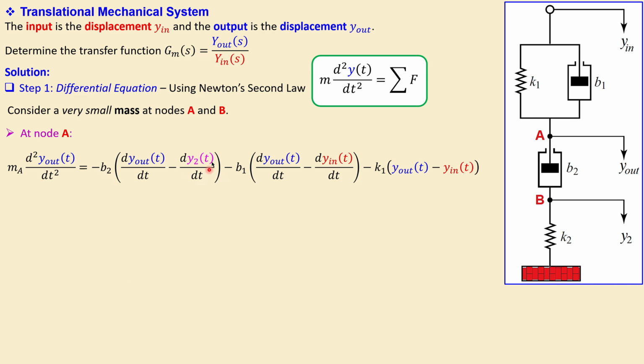B2 times the difference in the velocity is the force by that damper, and it has a minus sign because it is fighting back. So it is minus B2 times the velocity, the first derivative of y out, minus the first derivative of this one. The difference between these two velocities is the actual velocity of B2.